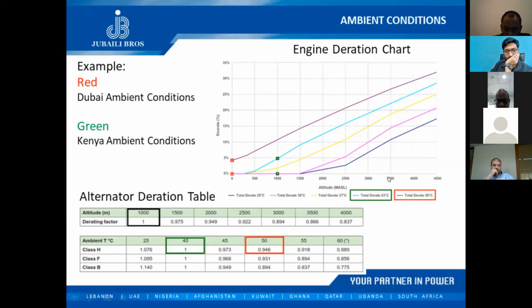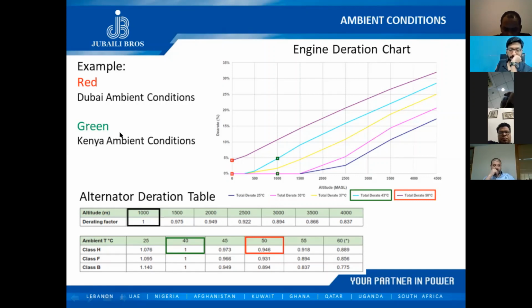So this x-axis is the altitude in meters above sea level. So at 0, and considering this line, which represents 50 degrees Celsius, I'll see that my engine derates by around 4%. So just as an example, if my genset is rated 100 kVA, the actual output would be 96 kVA. It derates by 4%.